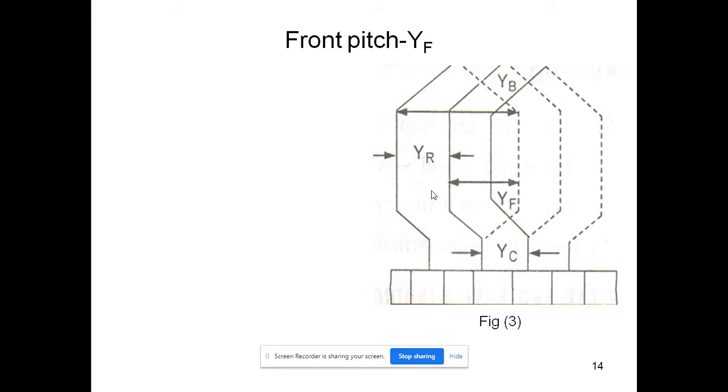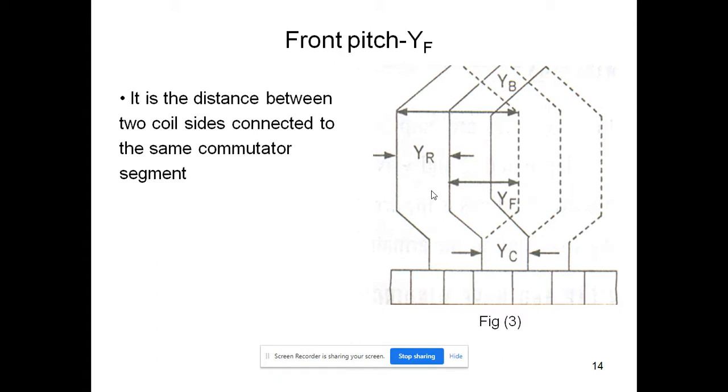Let us see the next one, front pitch, which is defined as the distance between the two coil sides connected to the same commutator segment. We can see this front pitch, denoted by YF, in figure 3.